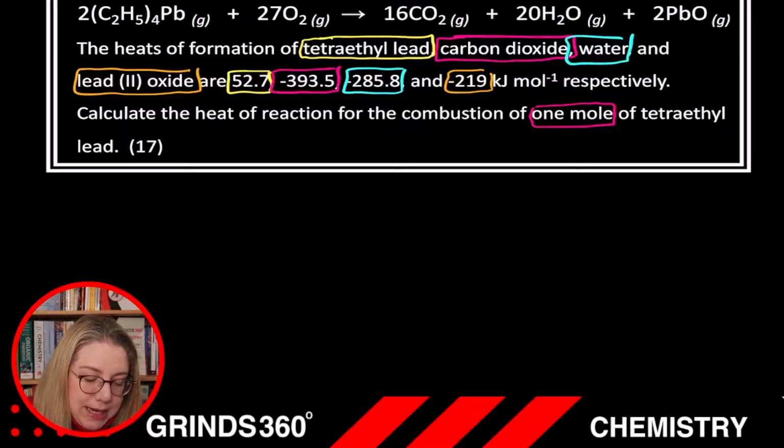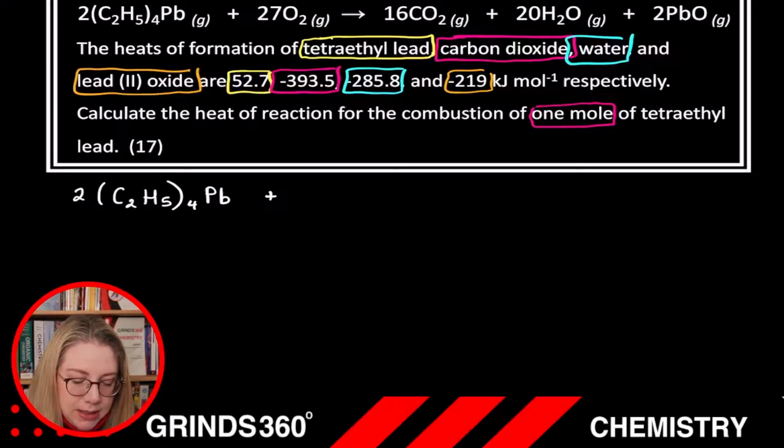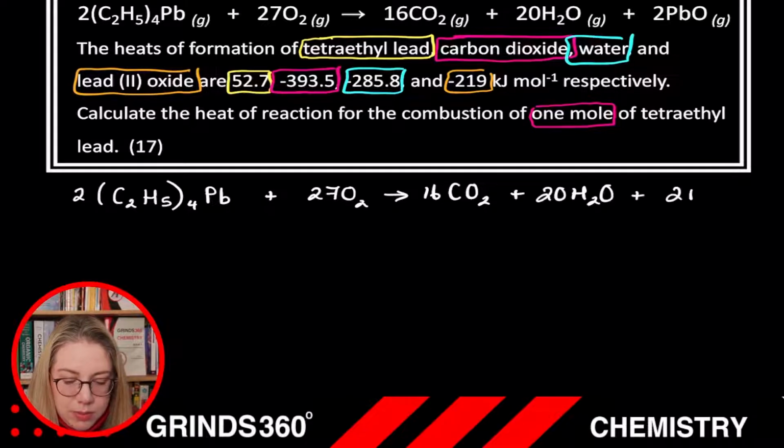Right, so I'm going to write out my tetraethyl lead. We have 2 times (C2H5)4Pb plus 27 O2 to give me 16 CO2 plus 20 H2O plus 2 PbO.